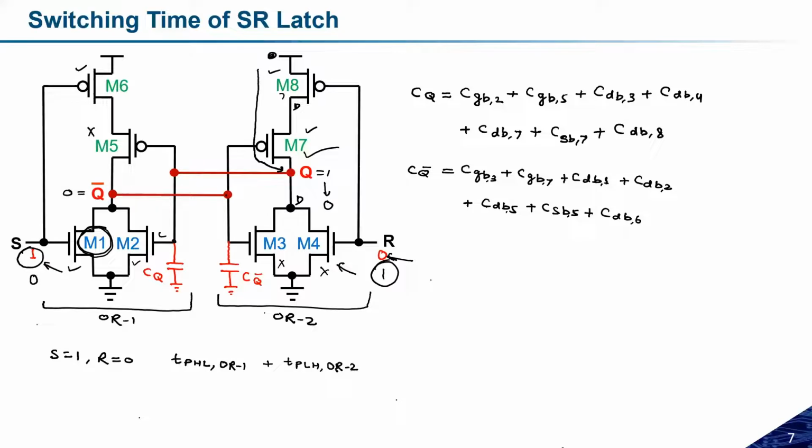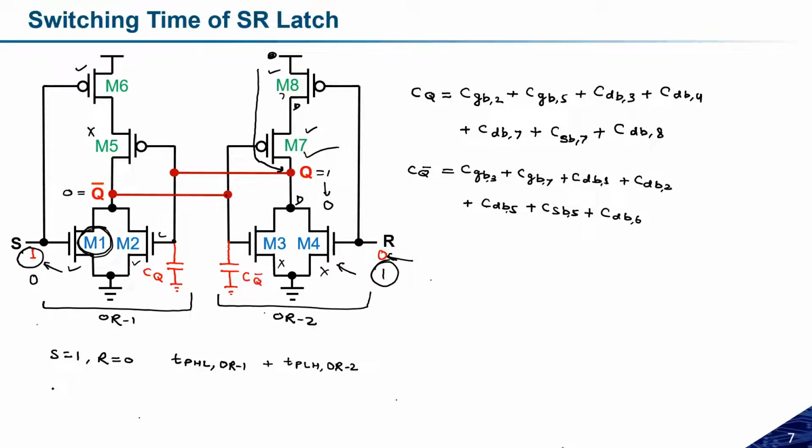Why am I doing it like this? I just wanted to calculate the delay in a particular state. Let us assume I want to calculate the delay after setting S equal to 1 and reset R equal to 0. In that case, these two components will be responsible in the transition.